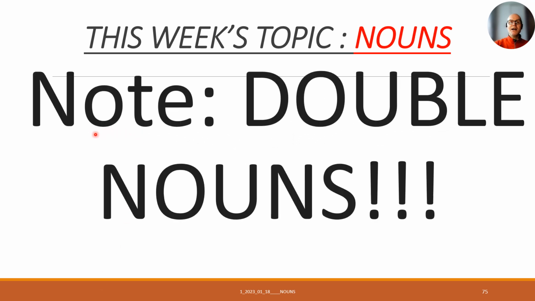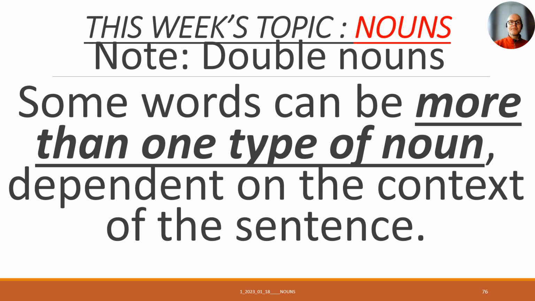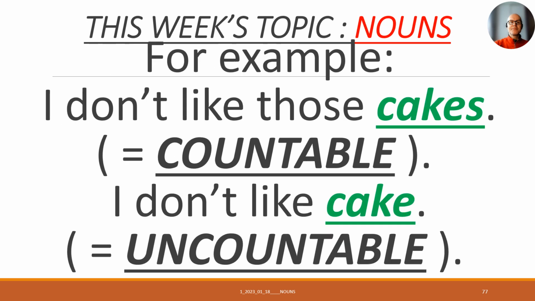Something to note are double nouns. Some words can be more than one type of noun, dependent on the context of the sentence. For example, I don't like those cakes.